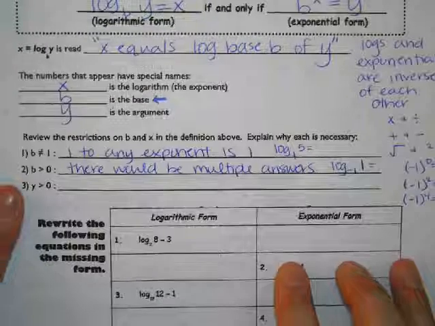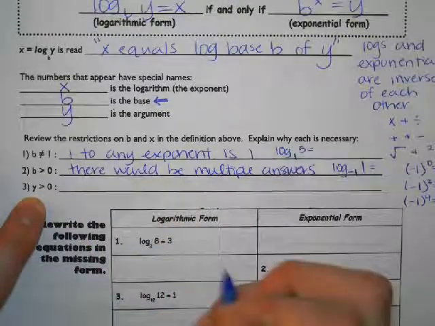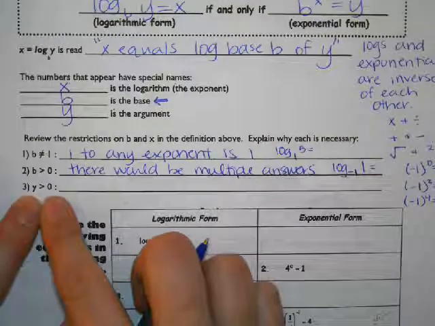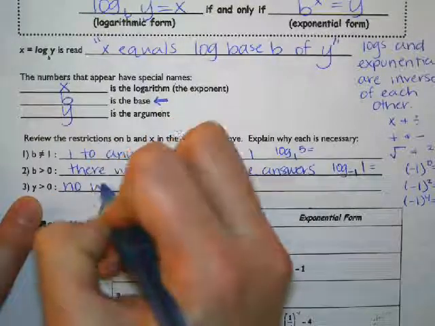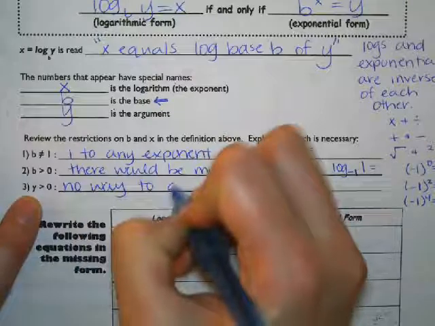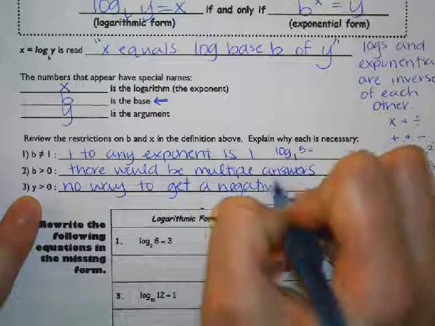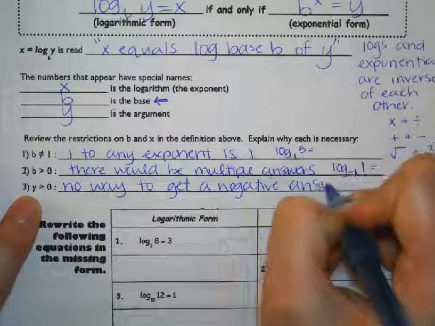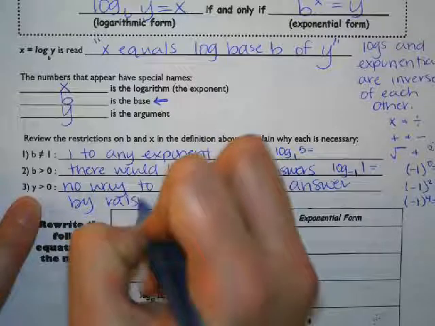Okay? The last one is that the argument, or the thing that we're taking the log of, has to be greater than 0. And that's because there is no way to get a negative answer by raising a number to an exponent.